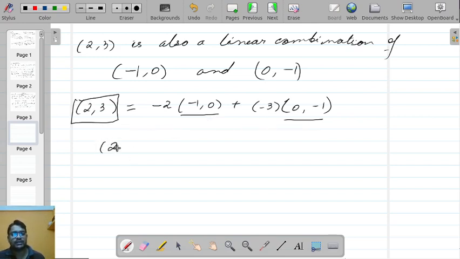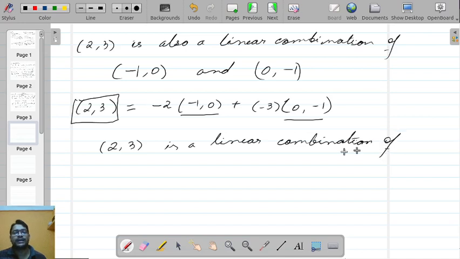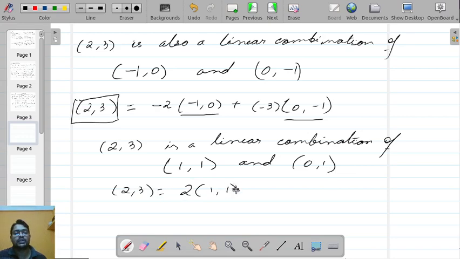Say (2, 3) is a linear combination of the vectors (1, 1) and (0, 1). How do I write it? (2, 3) can be written as 2 into (1, 1), which gives (2, 2), but I need (2, 3), so plus 1 into (0, 1).